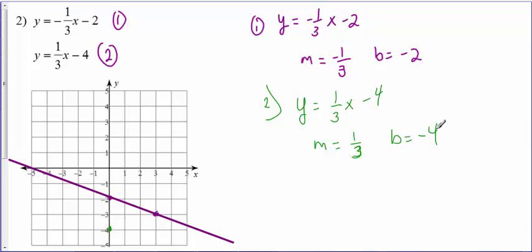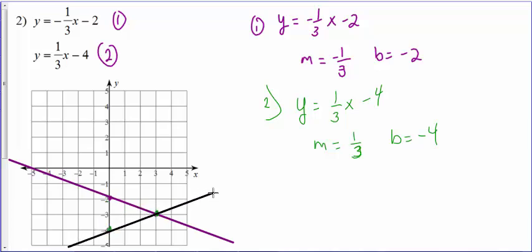That's the first thing we do when graphing a line in slope-intercept form: go to the y-intercept and put a dot. Our slope is positive 1/3, which means because it's a positive slope, we will go up 1 and to the right 3. So we'll go up 1 and 1, 2, 3. You can see right there that we're going to have an intersection.